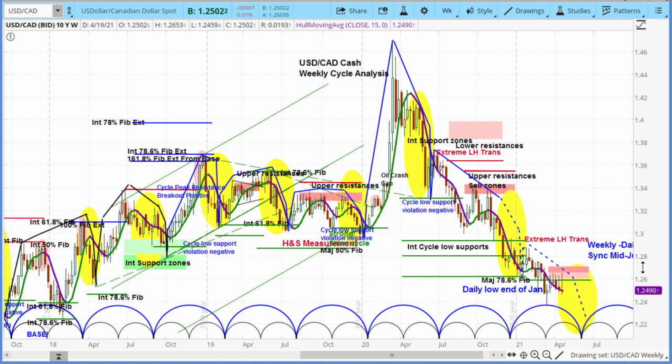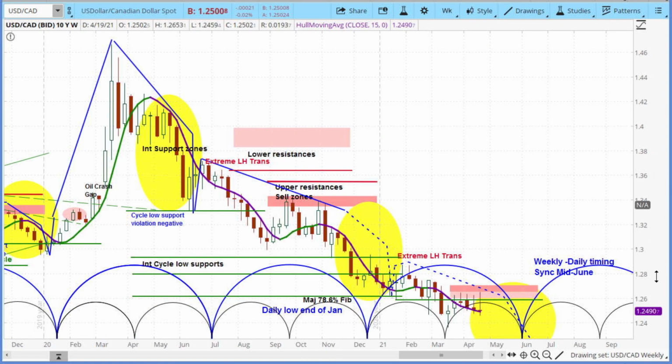That's cycle analysis, and that is a great look at what is a bad situation for the US dollar versus the Canadian dollar, which should be declining for pretty much the next 5 to 7 weeks in here, with rallies continuing to fail.